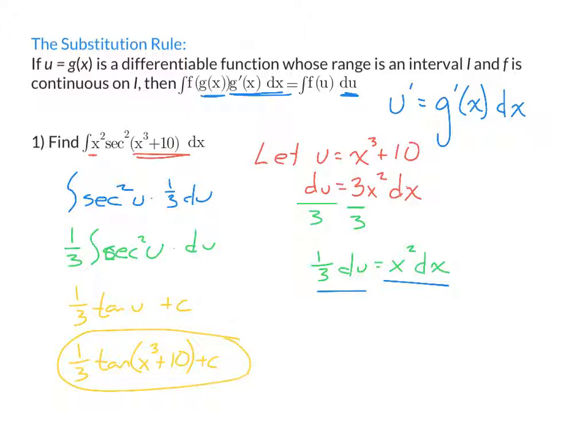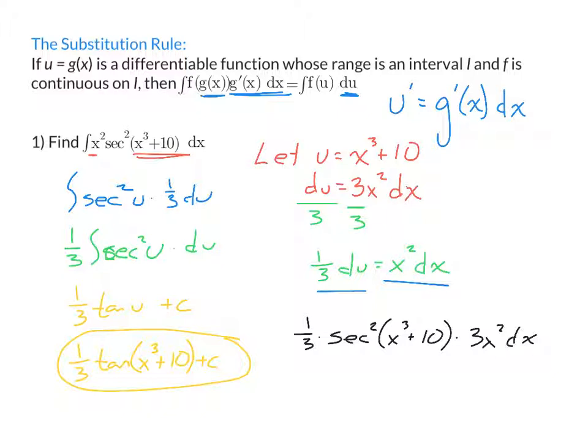We can always test this by doing the derivative of that. So if I did the derivative of my circled piece, it's going to be 1/3 times the derivative of the outside, the derivative of tangent, which is secant squared, still inside, times the derivative of the inside, which is 3x squared, times the dx.